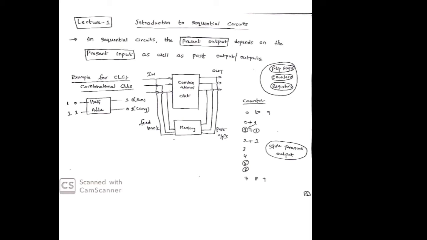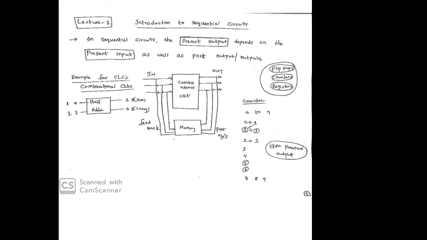That means it gives sum and carry. 1 plus 1 gives 0 as sum and 1 as carry. The next input combination is 0 1, meaning 0 plus 1 gives 1 as sum and 0 as carry.